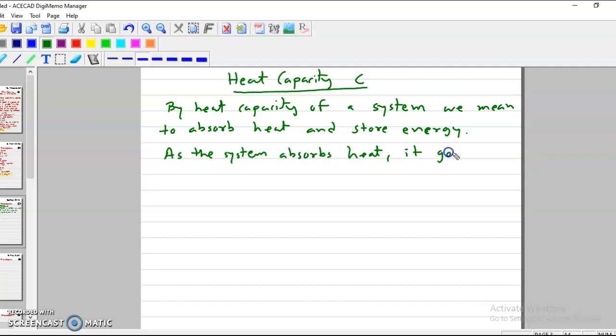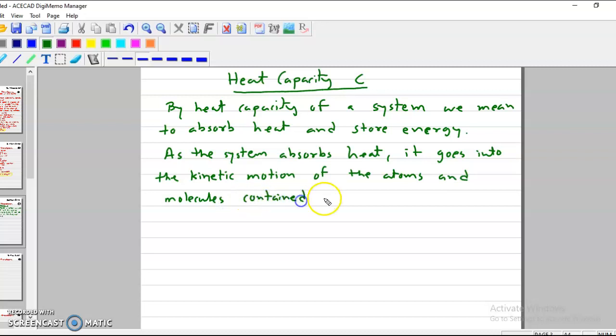it goes into the kinetic motion of atoms and molecules contained in the system.